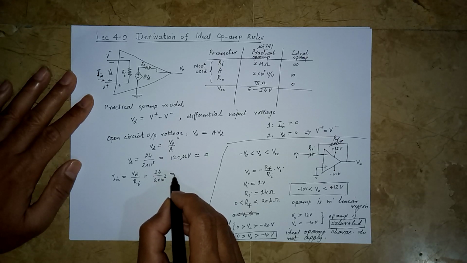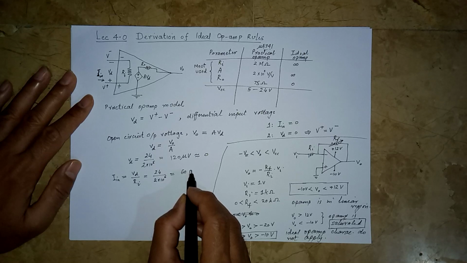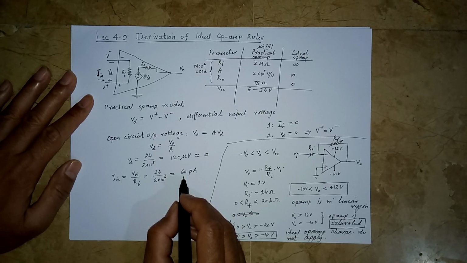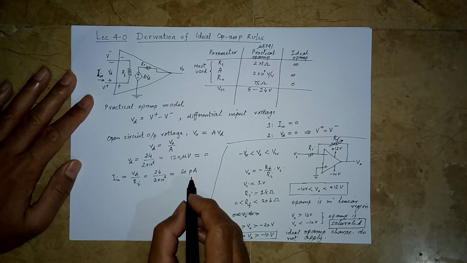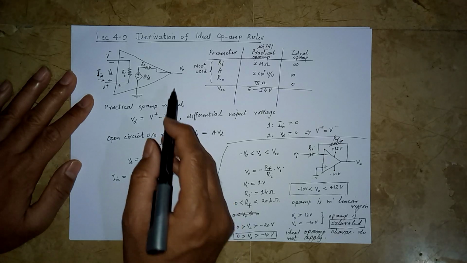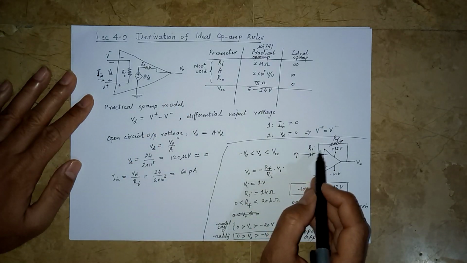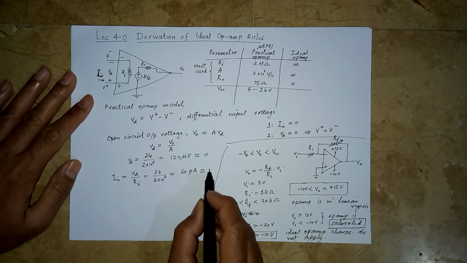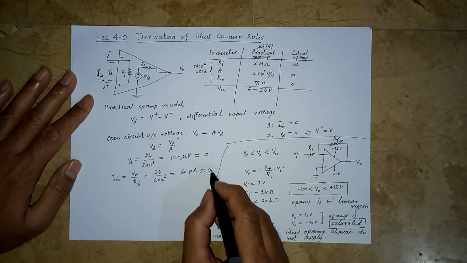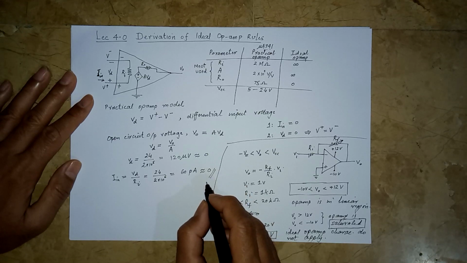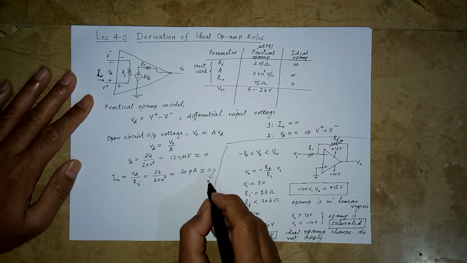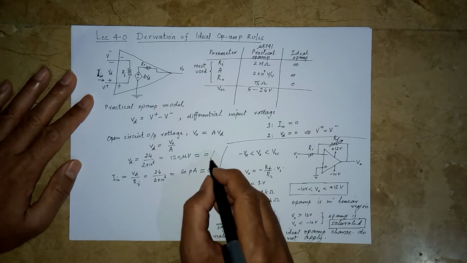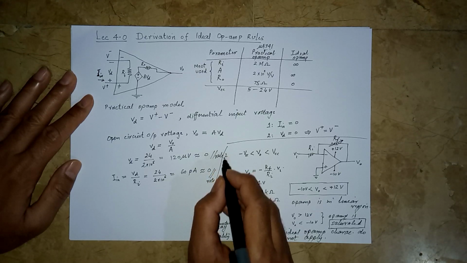This would become something like 60 pico ampere. This is an extremely small current, and as compared to the currents that would be flowing in the circuit, for example here and here, the 60 pico ampere is as good as zero. So we have derived the ideal op-amp rule 1 here and the rule 2 here.